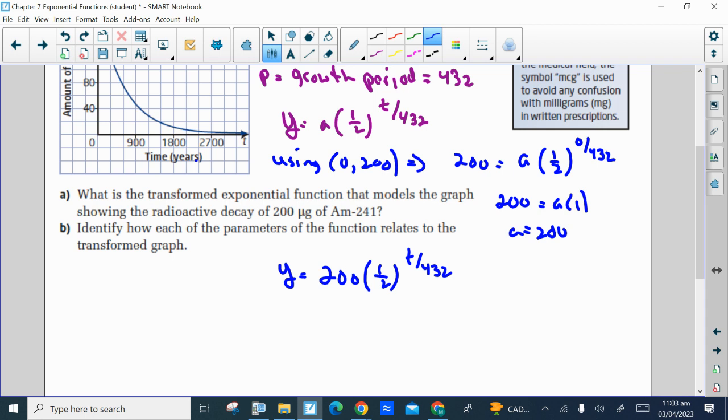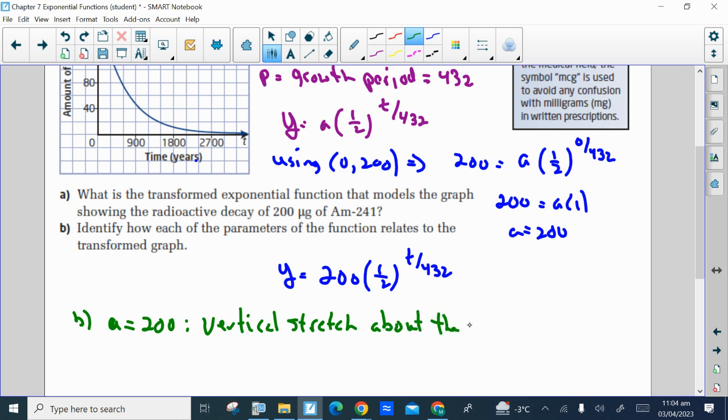So how do each of the parameters relate to the transformed graph? Well, the fact that we have an a value of 200 means that the graph was vertically stretched about the x-axis, by a factor of 200.